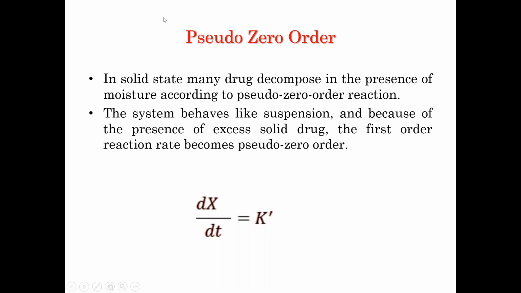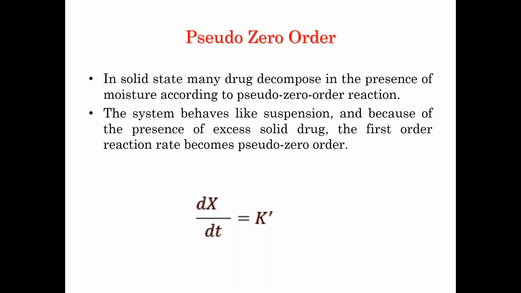So in this solid state, many drugs decompose in the presence of moisture which is surrounding it, according to zero order, that is, pseudo zero order reaction. Why do we use the word pseudo zero order reaction? Because this solid drug particle is actually not in the form of suspension, but the moisture around it during the degradation gives an environment almost like a suspension.